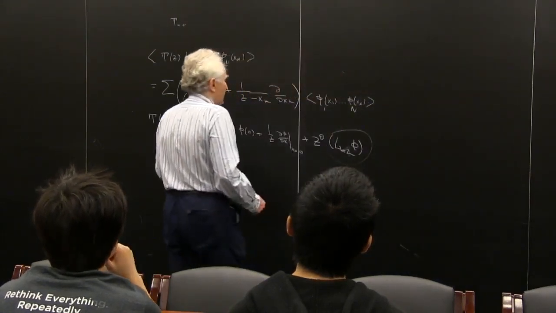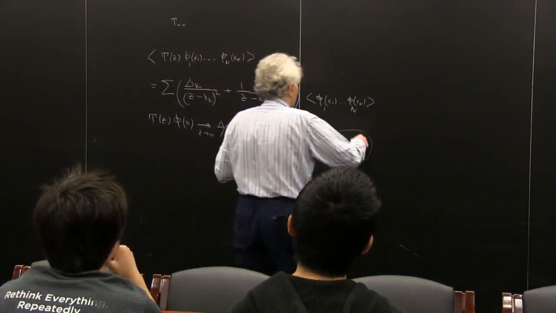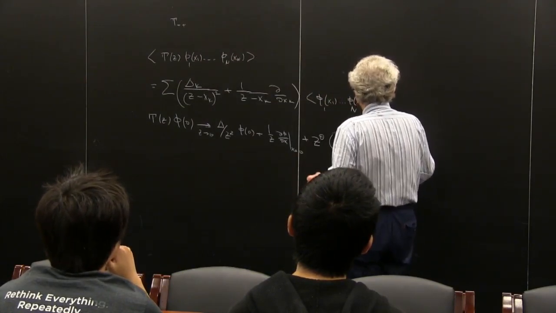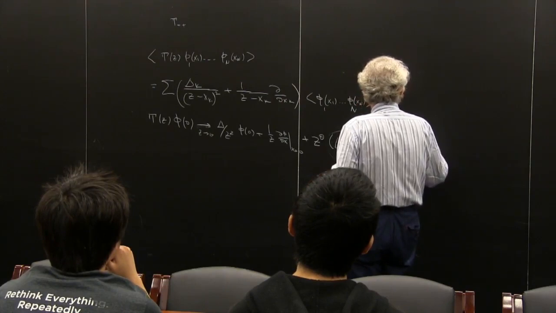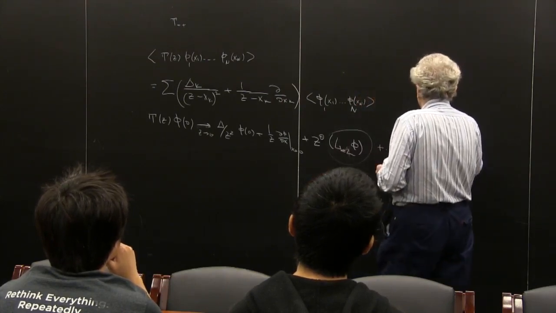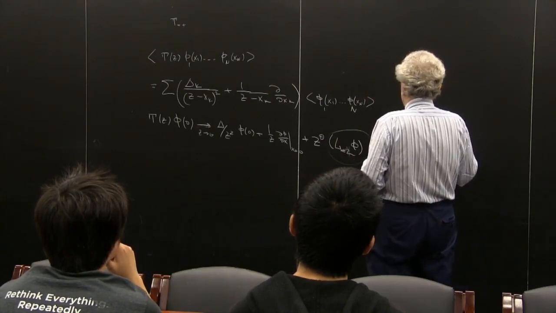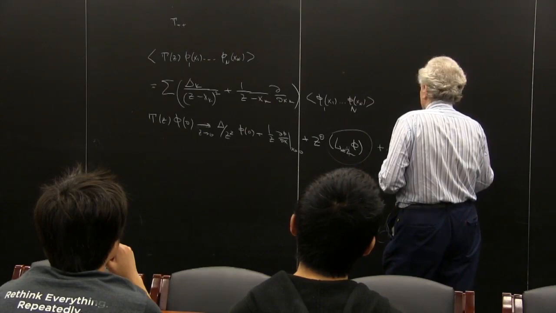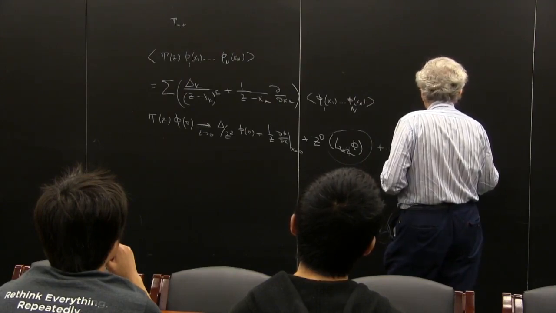We simply denoted this operator, and as you can guess, we will actually obtain terms like z to the n here, which will be L minus 2 minus n.